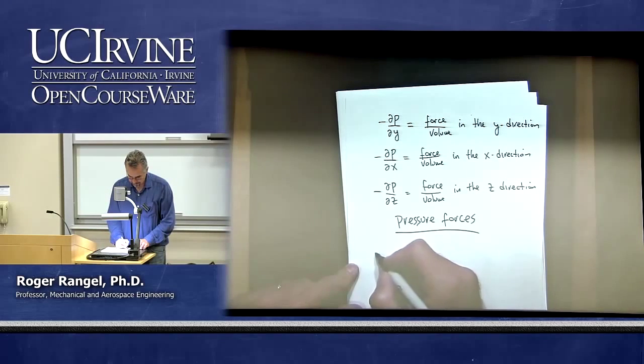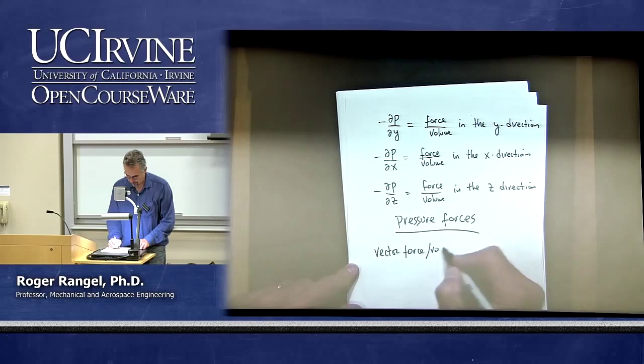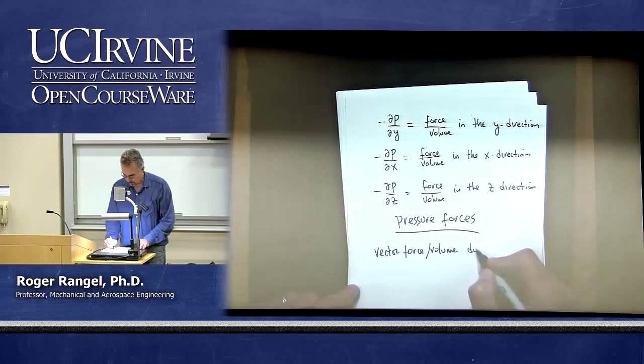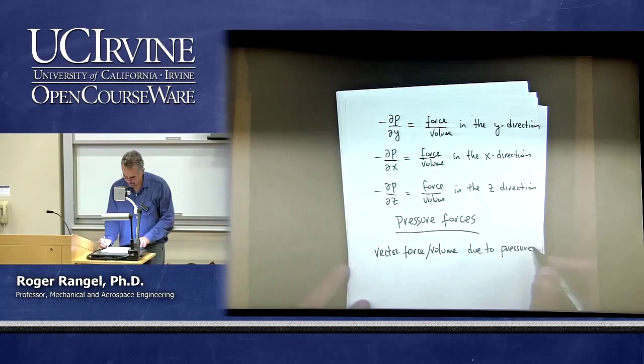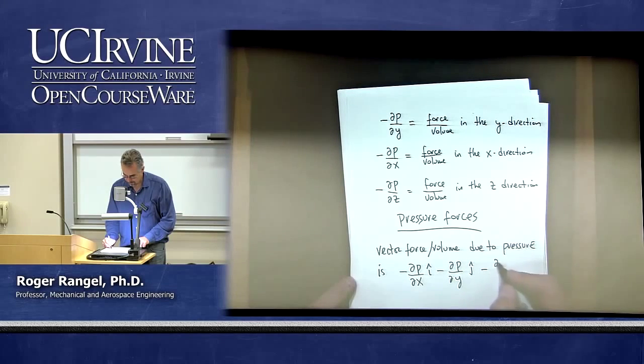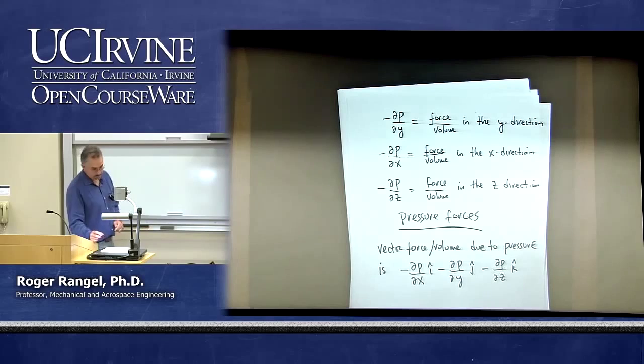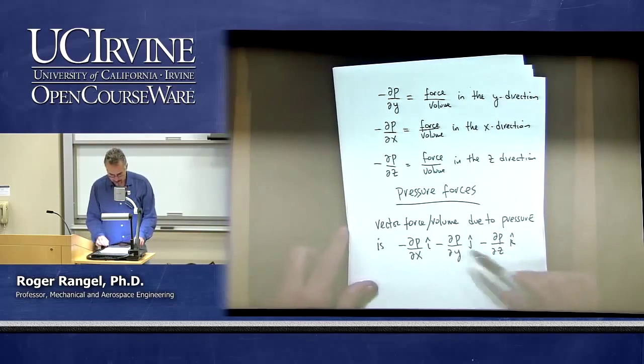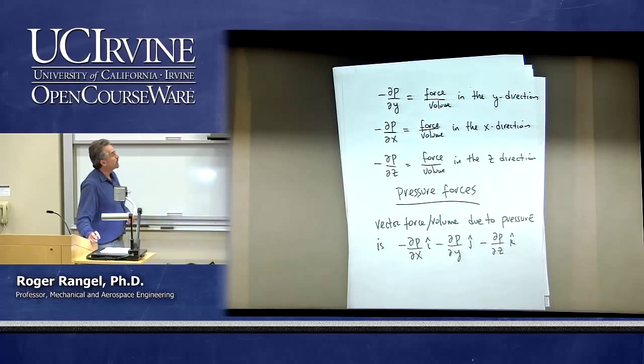Then of course the vector force per unit volume due to pressure is minus dp dx in the i direction, minus dp dy in the j direction, and minus dp dz in the k direction.